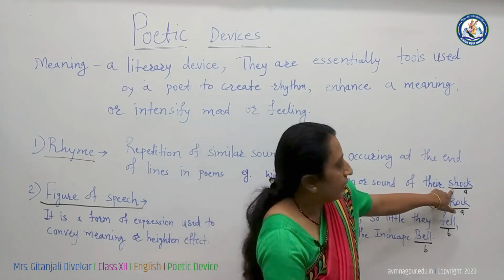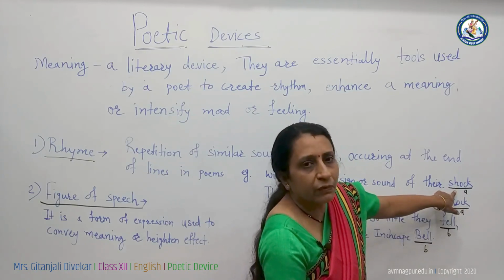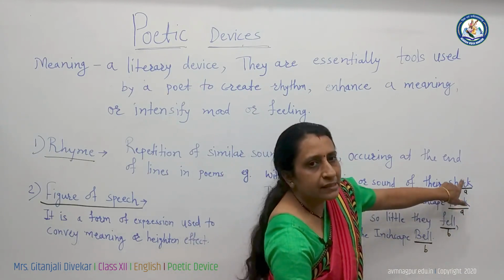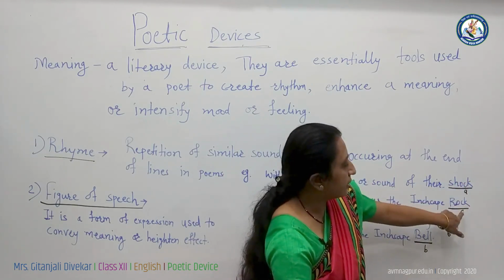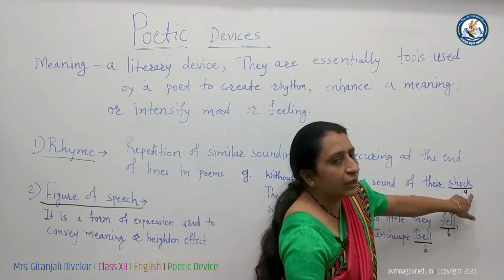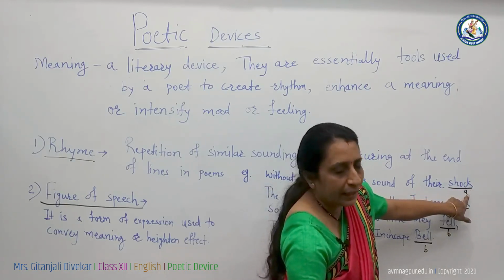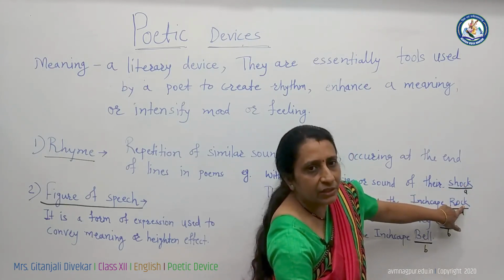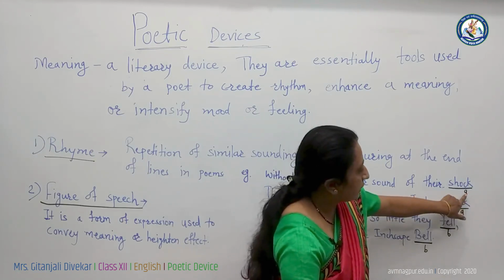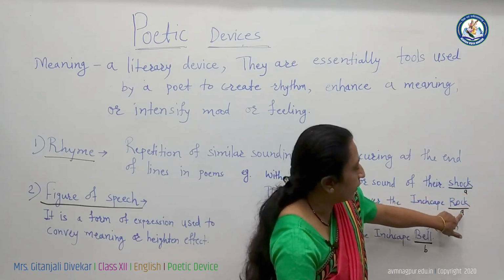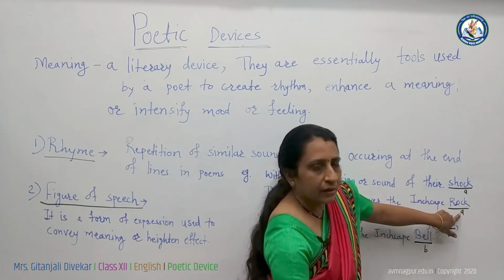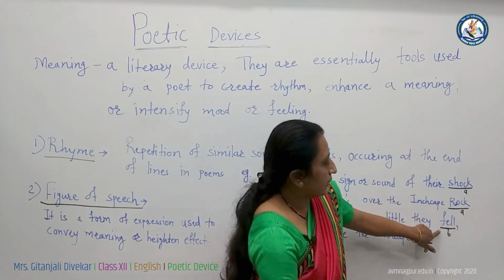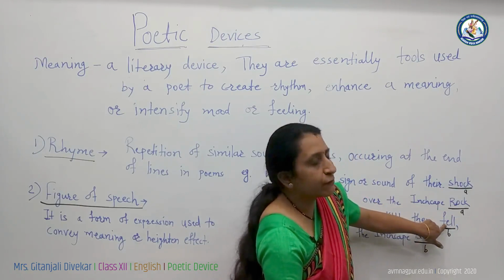You will find that the first line ends with the word shock. The second line ends with the word rock. You can see the ending sound of both the words. Here, if we denote shock by the small alphabet A, obviously if shock and rock are matching with each other at the end, the same alphabet A should be taken for denoting the second line's rhyming scheme, that is again A. If we go to the next line, students, the last word of this third line is fell.